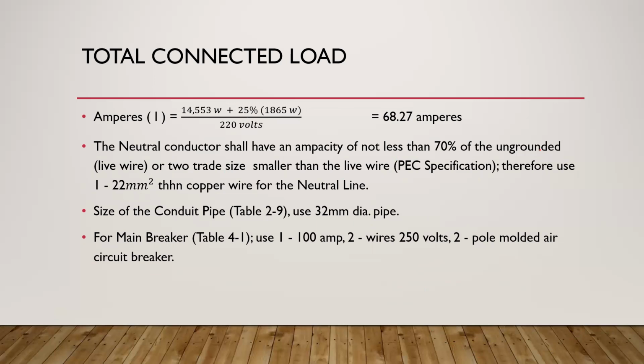And then, yung size ng conduit natin, paki-check sa ating table 2-9, mapupunta siya sa 32 mm diameter pipe. And for our main breaker from table 4-1, we will use isang 100 ampere na fuse with 2 wire na merong volt capacity na 250 volts and 2-pole molded case circuit breaker.